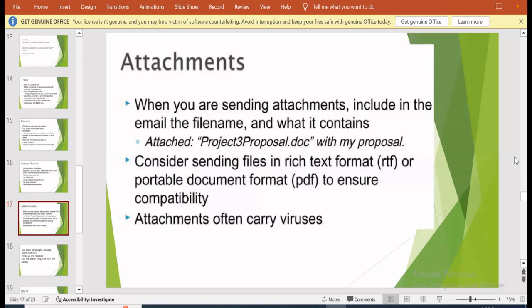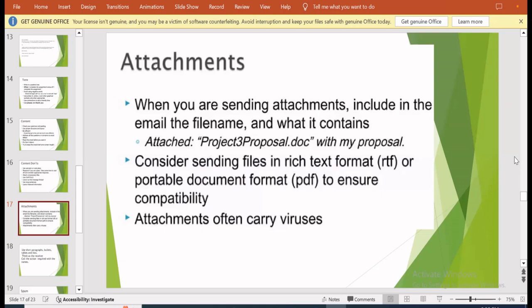Before sending, if it is a relevant and confidential one, you can only share it with the relevant person. Suppose I am sending salary data, I always use password protection. If you have very big data and the person does not require all the information, you can delete the irrelevant part and make a separate attachment for that person.